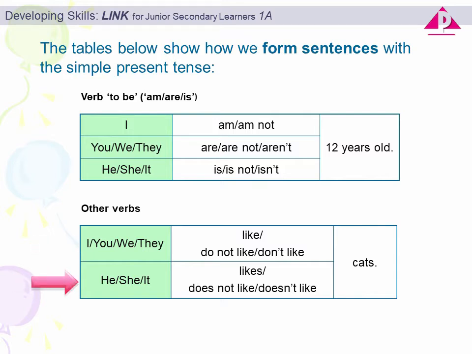He, she, or it should be followed by likes, or does not like, or doesn't like, which will form the sentence he, she, or it likes, or does not like, or doesn't like cats.